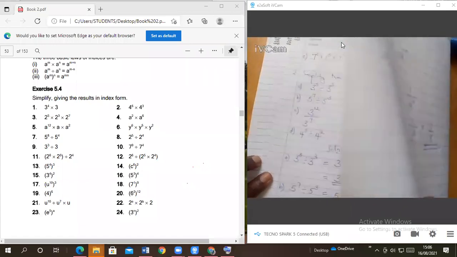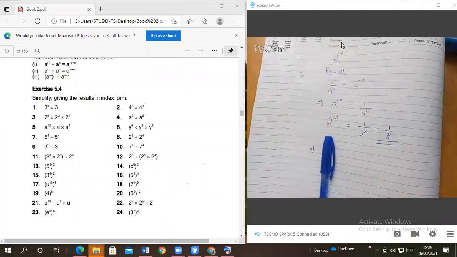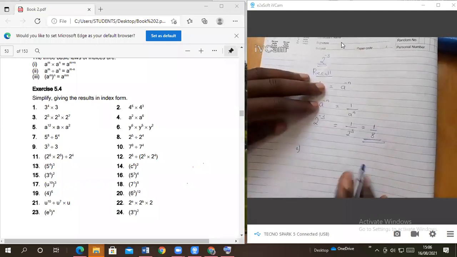That was B. Now we go to C. Let me give you another one in C. I want to see the one which combines all of them. Let's look at this one.